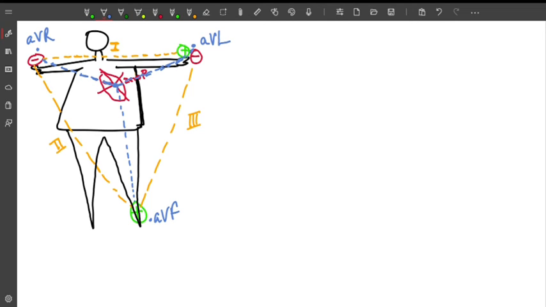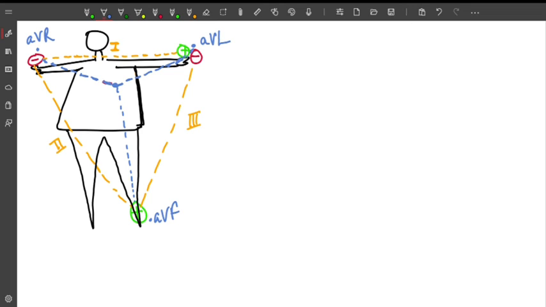Alright, so let me remove the heart for clarity's sake. So for clarity's sake, I have removed the heart. Now you can imagine we have placed lead 1, 2, 3 and AVL, AVR, AVF.